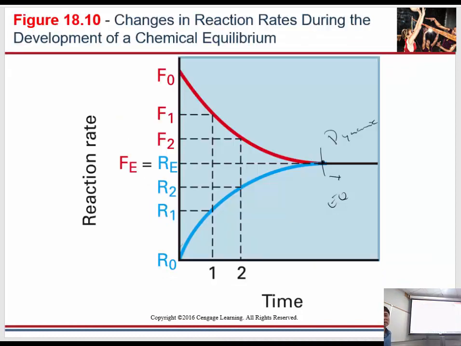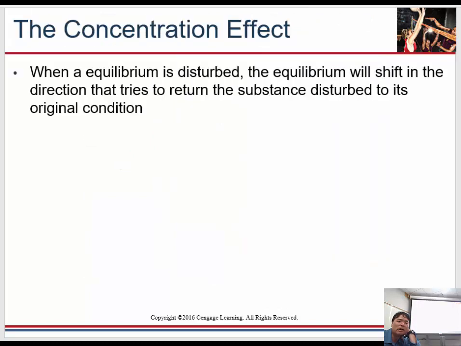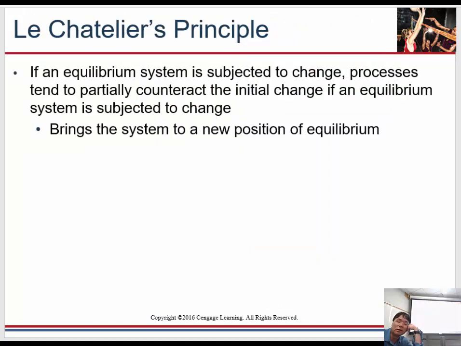Okay, once we establish an equilibrium, let's say this is reactants favored, and so we've got product forming and product decomposing, some kind of equilibrium like this. Once we establish an equilibrium, we can have a shift in the equilibrium.